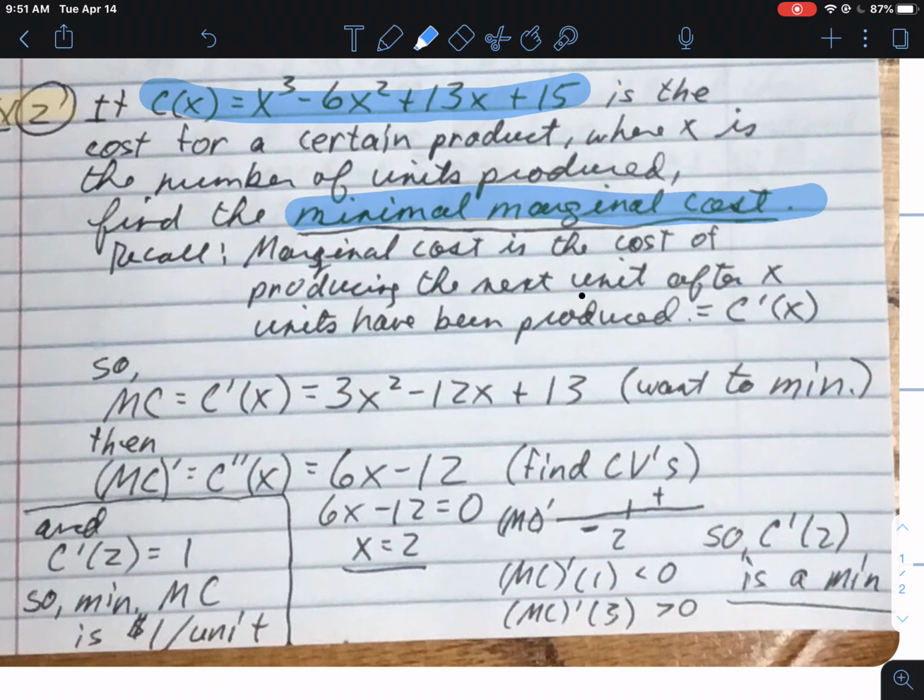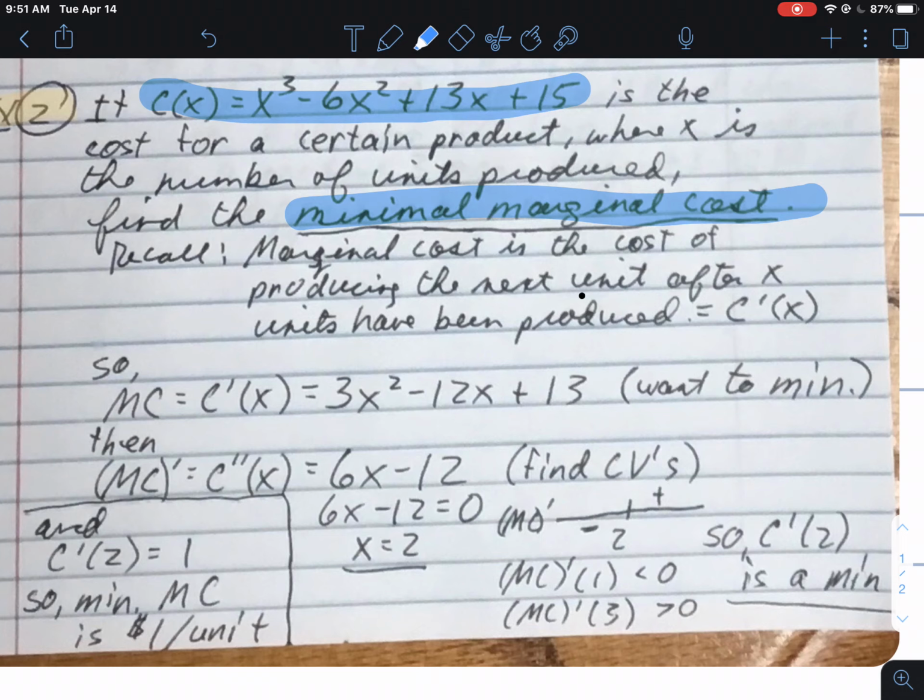Now, we've talked about marginal cost before. Remember, marginal cost, that's your derivative. That's the rate of change in your cost function. But more specifically, the marginal cost, we said, was the cost of producing the next unit after X number of units have been produced, right?